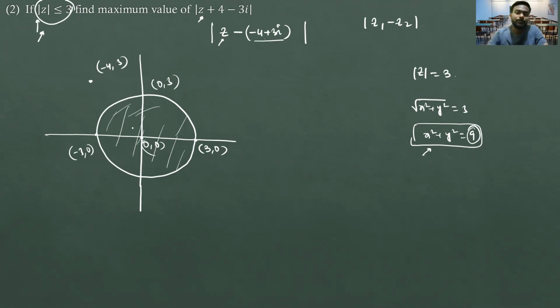Now you see, if I'm talking about the minimum value, the line for the minimum value will go from the center. Why am I saying this? Whenever they talk about the minimum distance, it is along the common normal.